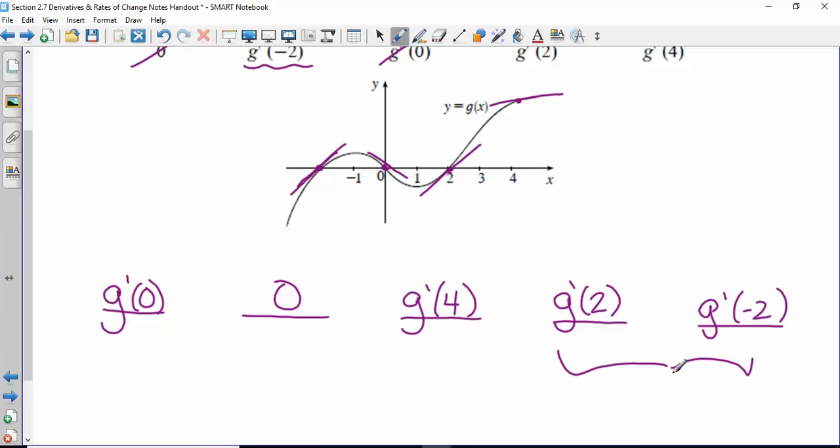But I would allow you to switch because it's just hard to tell from our graph. But we could for sure say G prime of 0 is the smallest because it has a negative slope. Then you would have 0. G prime of 4, that's definitely the less steep of the lines. So that would come next.